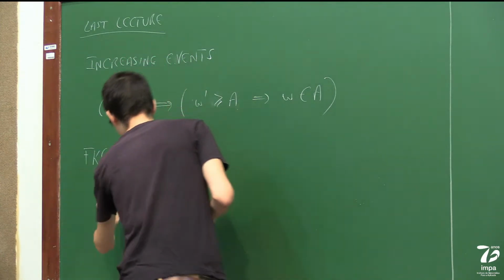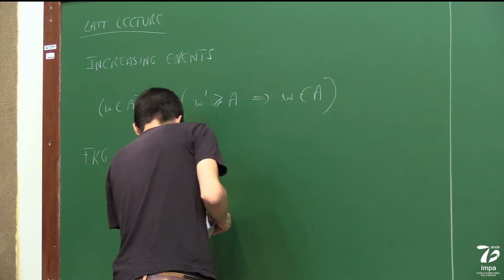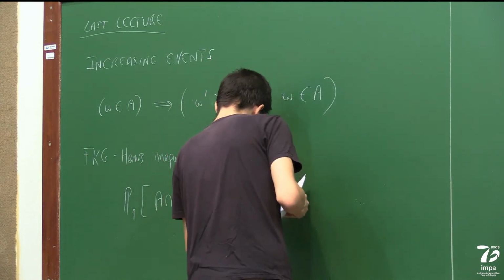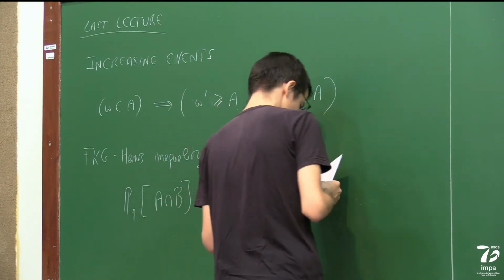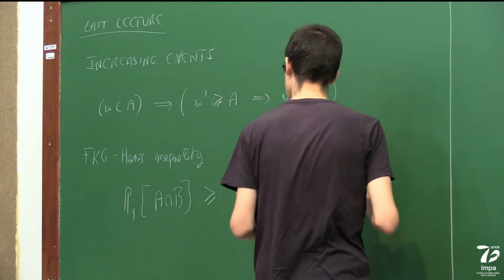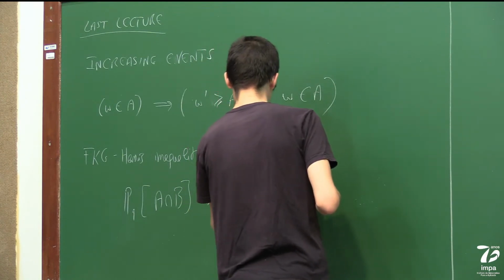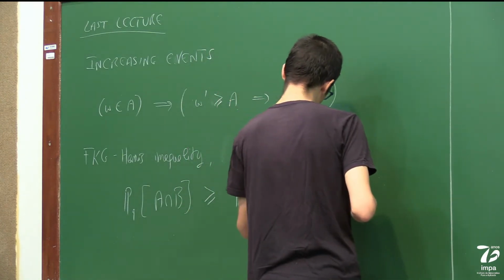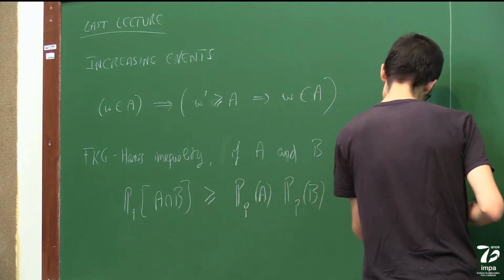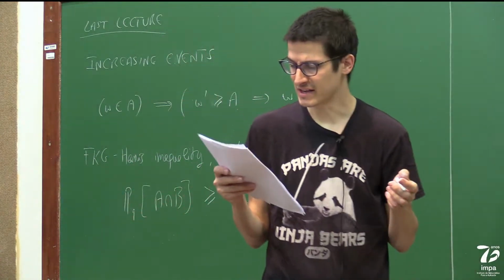So what we saw was that we proved it only for A and B that depend on finitely many edges.